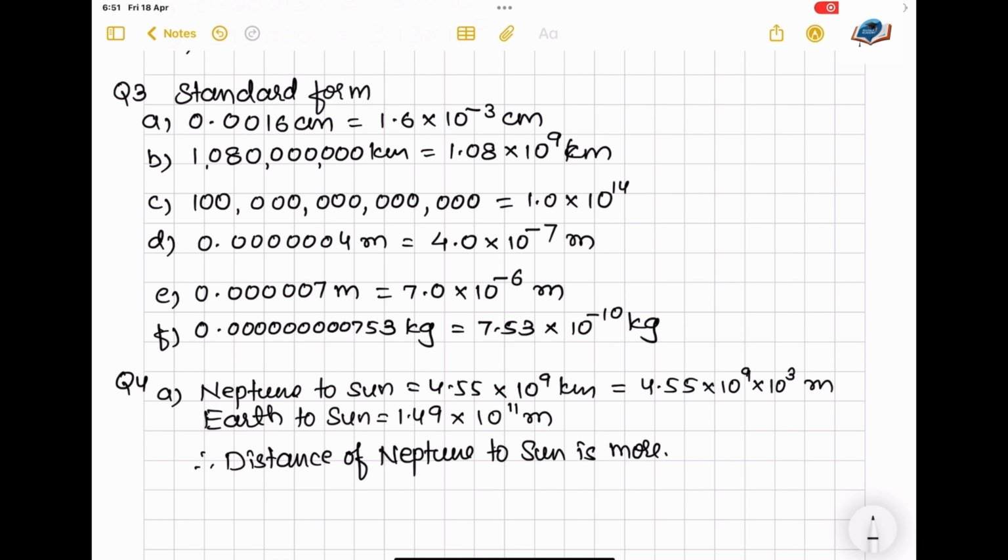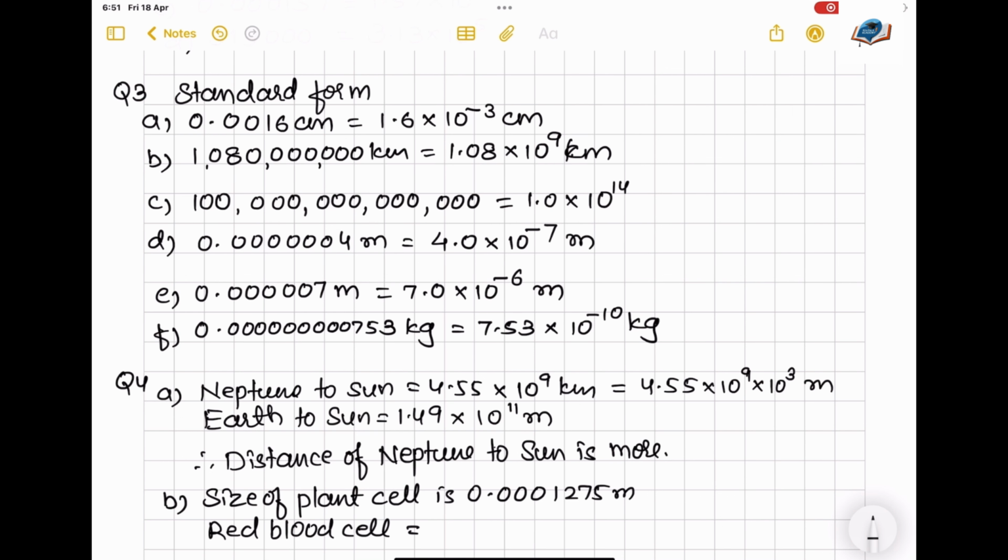Then B one is saying the size of a plant cell is 0.000125 meter, and red blood cell is 7 into 10 raised to minus 6 meter.